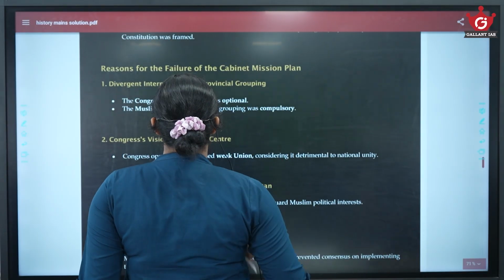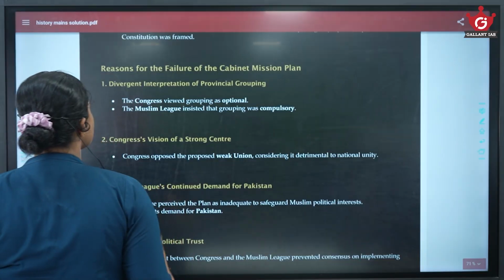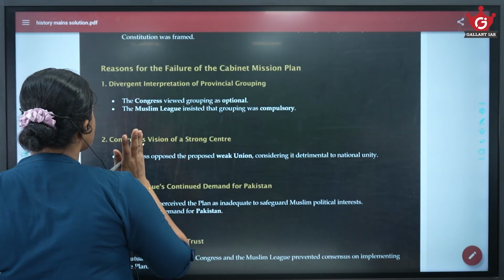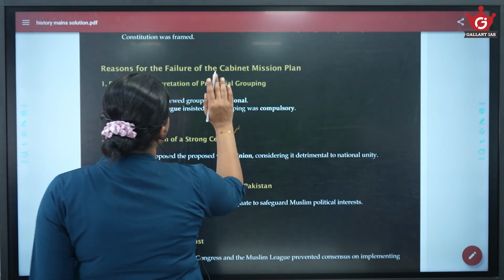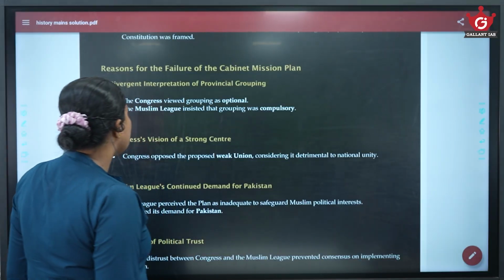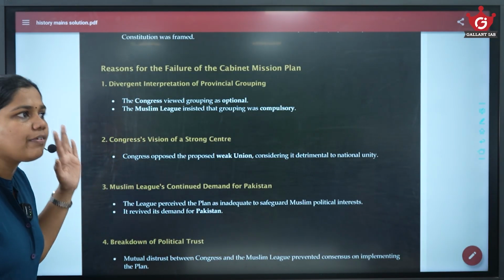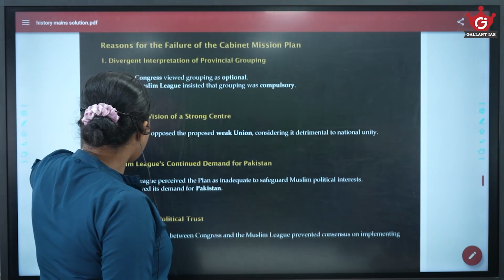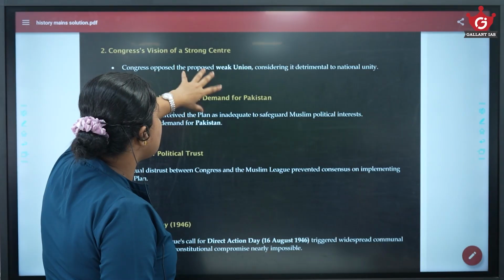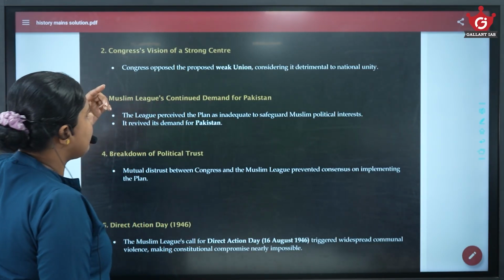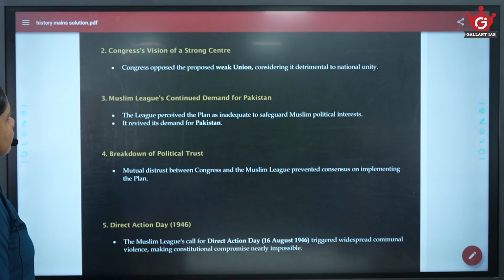So now we look at what the failure was. What were the reasons for the failure? You can mention, first, divergent interpretation of provincial grouping. They spoke about provincial grouping, but how it was interpreted was different. Next is the Congress vision of a strong center. Congress opposed the proposed weak union, considering it detrimental to national unity.